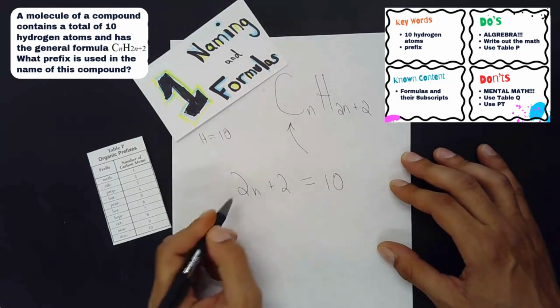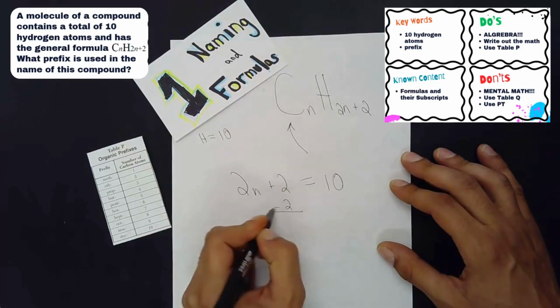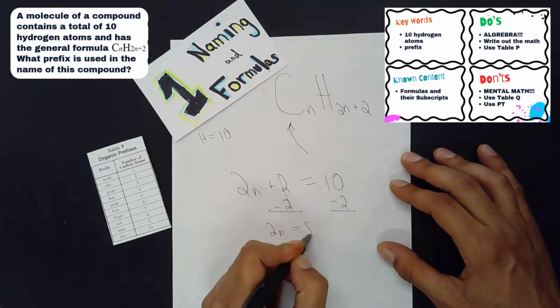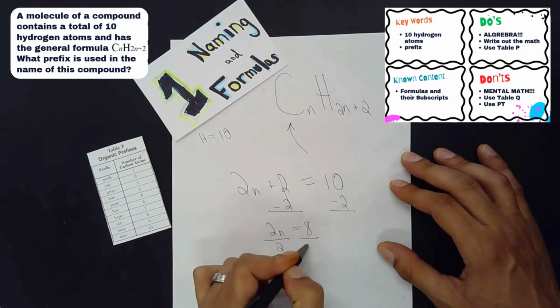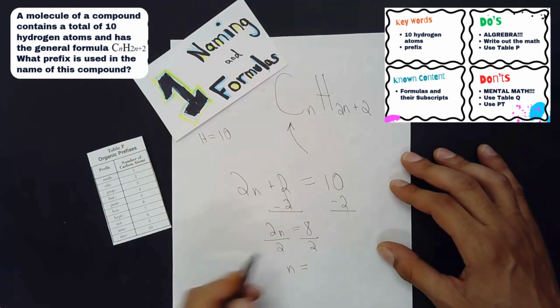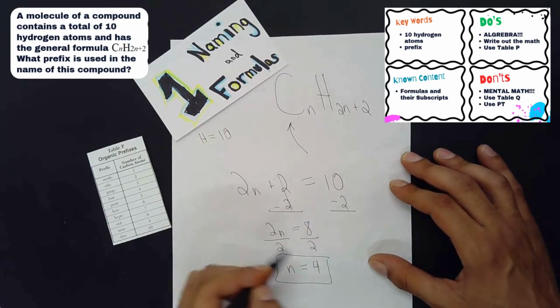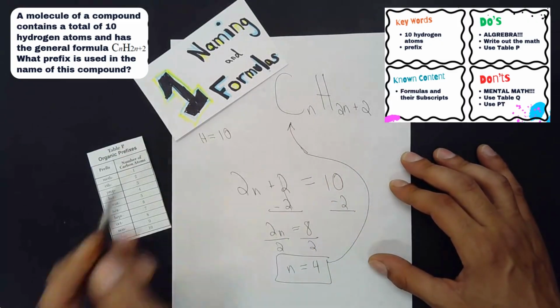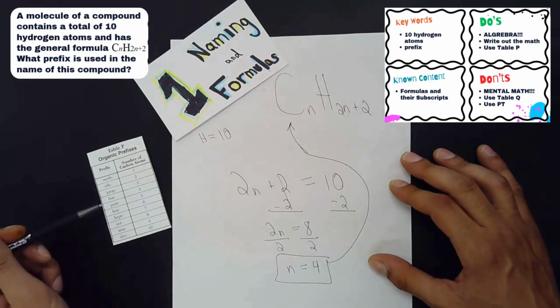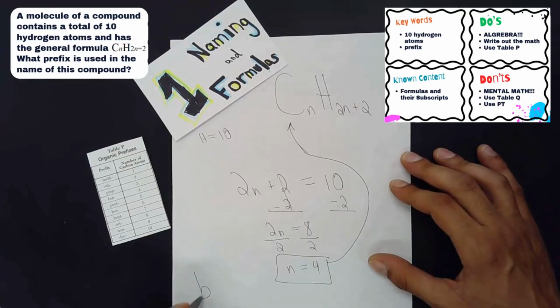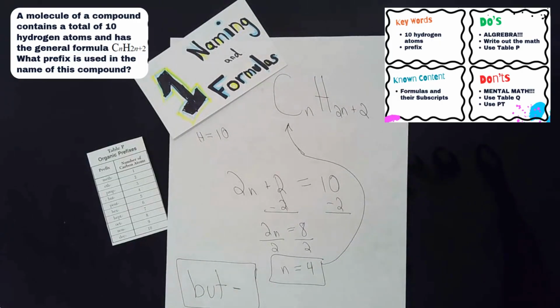First thing I could do, get n by itself, minus 2: 2n is equal to 8. Divided by 2, divided by 2, n is equal to 4. 4 is how many carbons I have, and the prefix for 4 is but. So the prefix that I'm looking for in question number 1 is but.